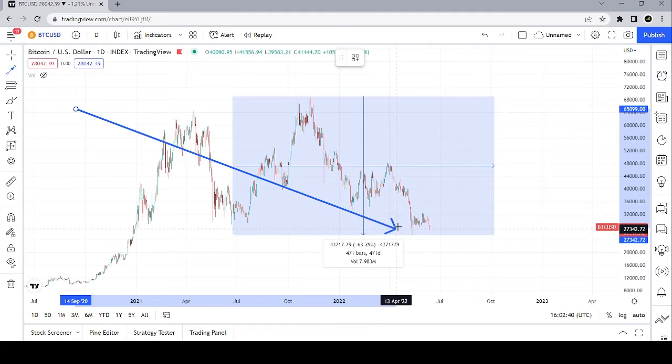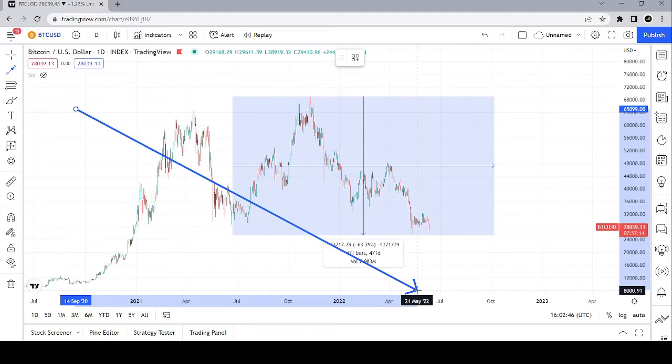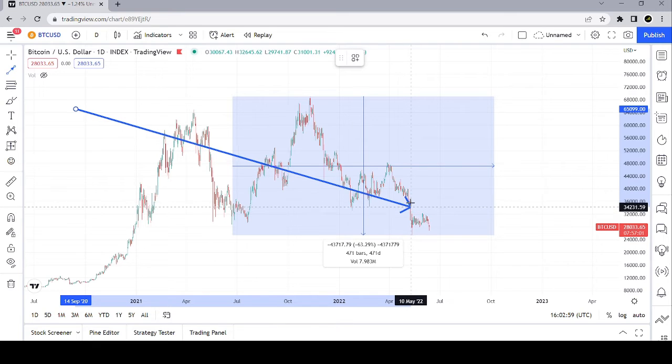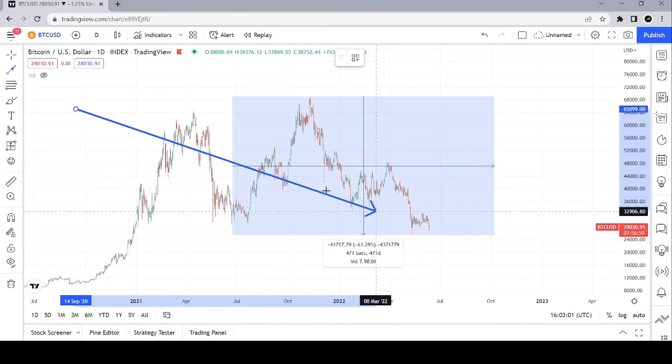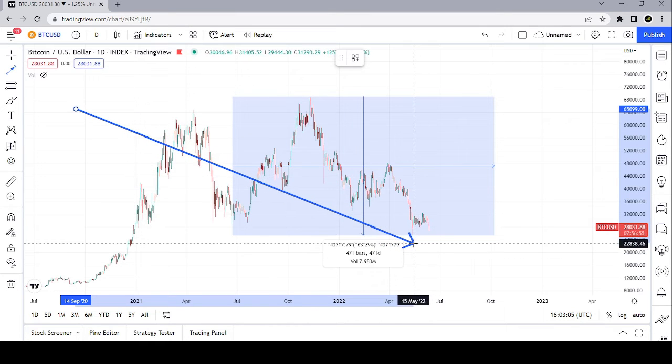I also pointed out in my last video that sometimes parts of a fractal can be much more exaggerated or less so than the other historical renditions of that same pattern. So in one it could be much shorter, and in another it could be much longer, but it's still the same basic shape playing out.